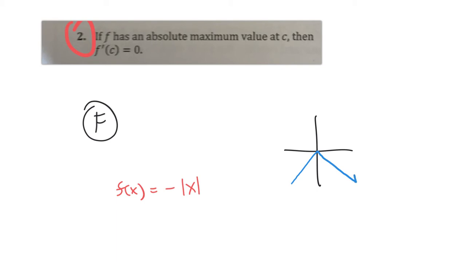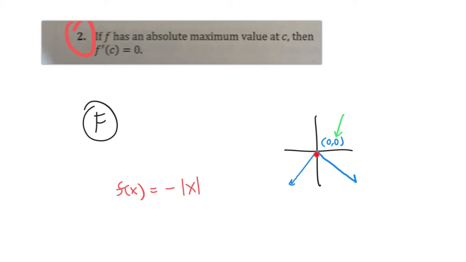Now that goes down forever, and it is the case that it has an absolute maximum at 0. The point (0, 0) is the vertex, and the absolute maximum would be 0 because that's literally the highest y value in the whole graph.